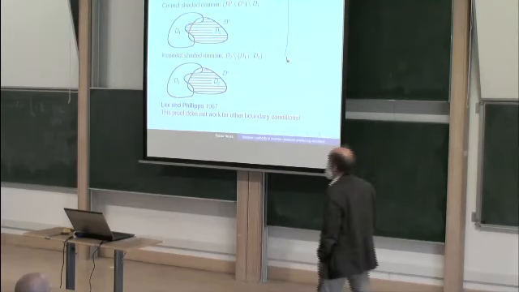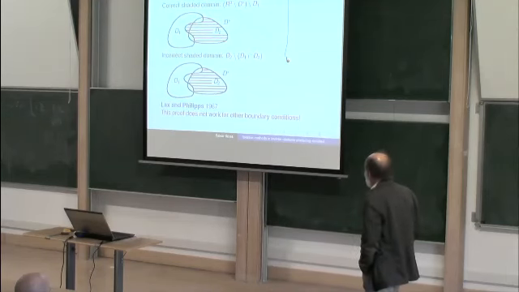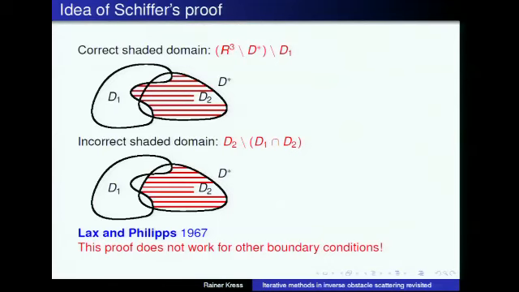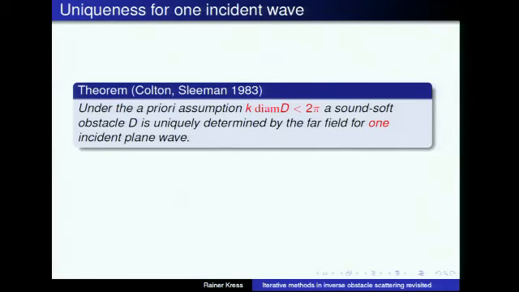I've already indicated that the proof does not work for other boundary conditions, and I will not go into other boundary conditions, but I want to come back to the question of uniqueness. We have too much information.